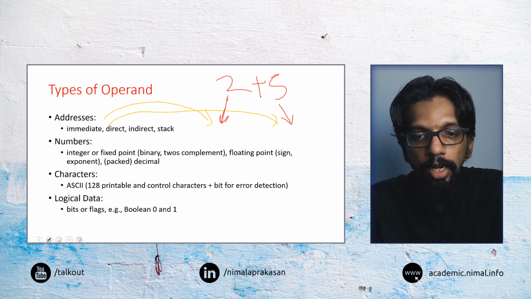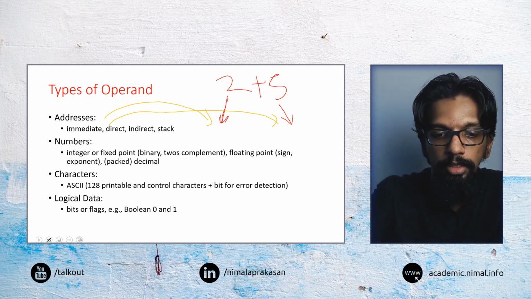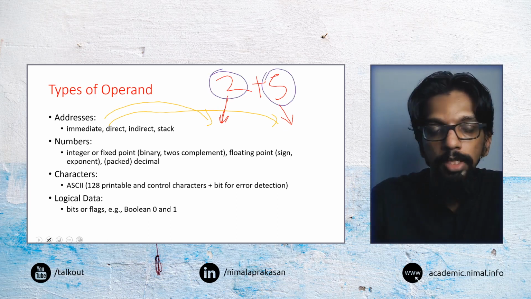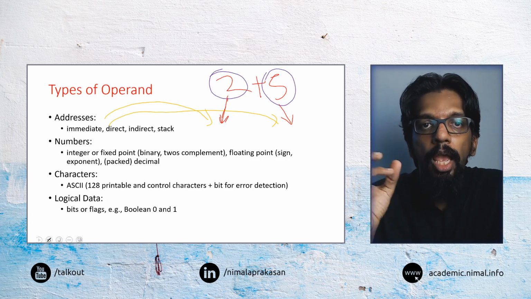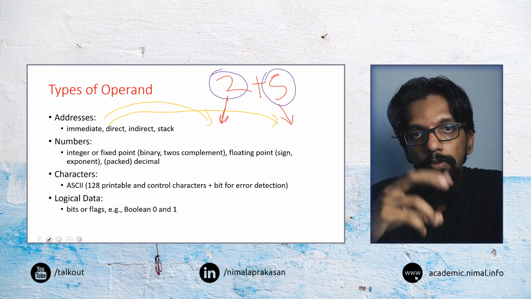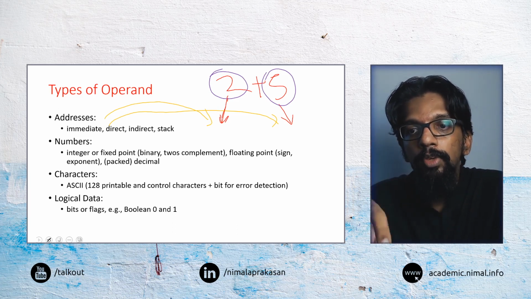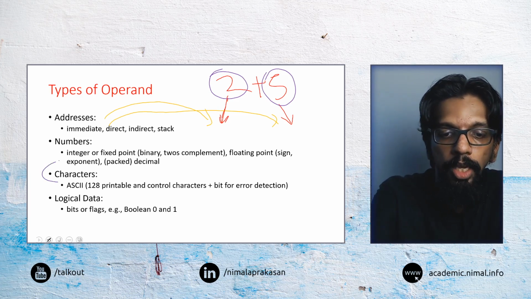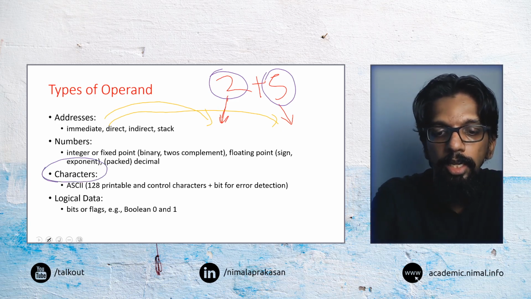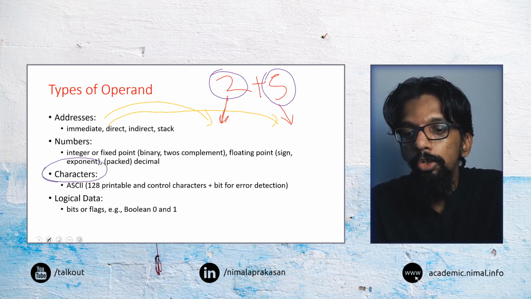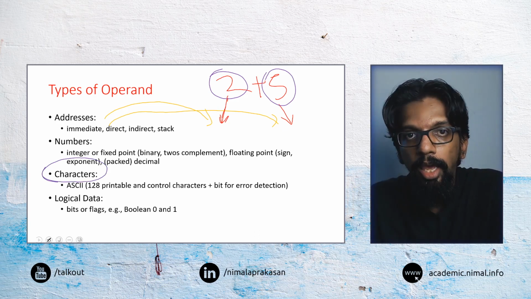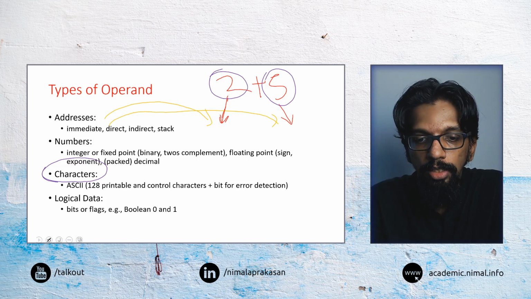We can directly have numbers as the operand. These numbers themselves can be used directly as the operands. Instead of giving a memory location pointer, we can just give the number itself. In certain operations, we can also have characters, like ASCII characters, as operands.